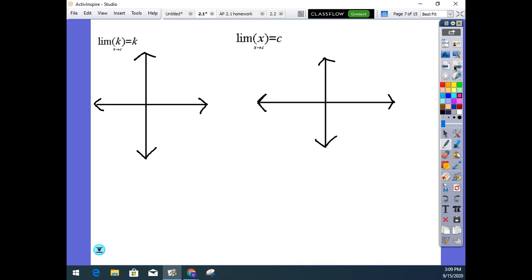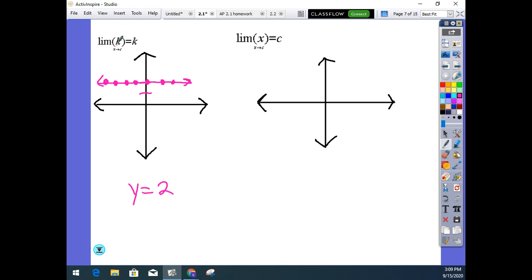Okay, when we move on, let's think about if we have y equals some constant, say y equals 2. If I graph the line y equals 2, what is the y value all along the line y equals 2? It's 2, right?